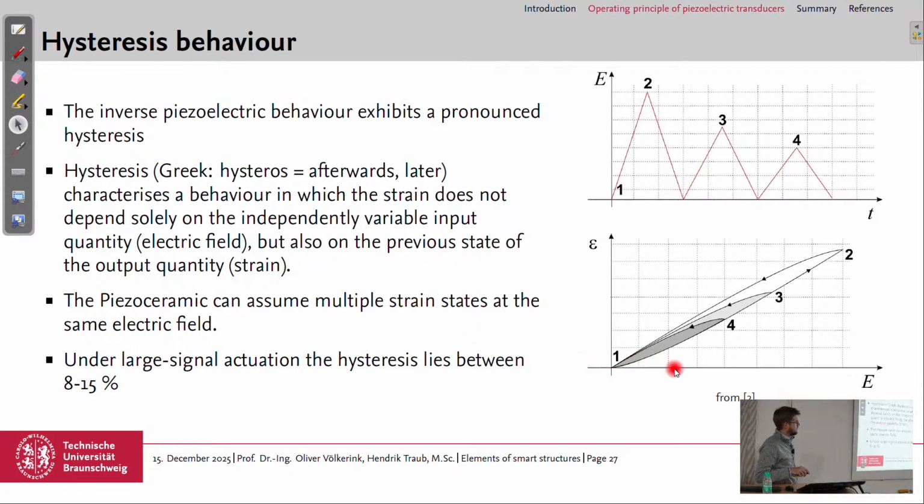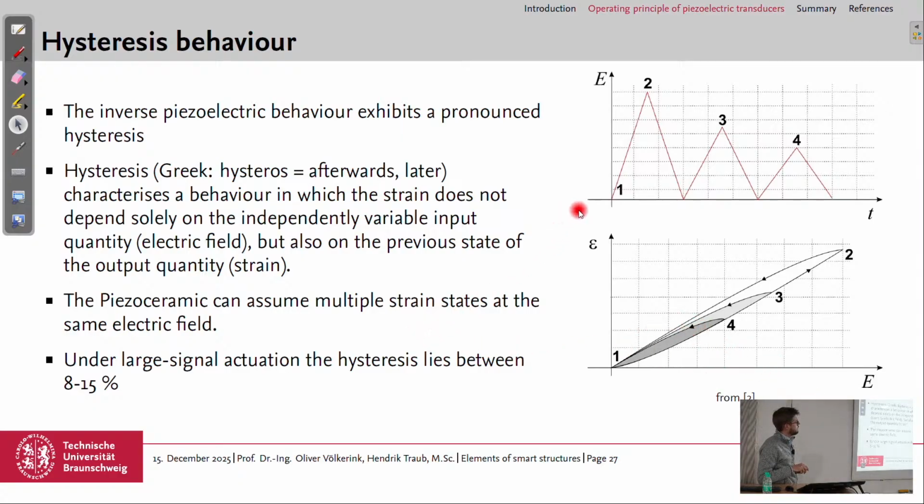This is the thing I mentioned in the lecture before with the unique transduction. If you look at a specific electrical field here, it depends on the history if you're going up and have this elongation, or if you're coming down from a higher field and have a higher elongation. So it depends on the history in the operation what strain corresponds to the electric field.